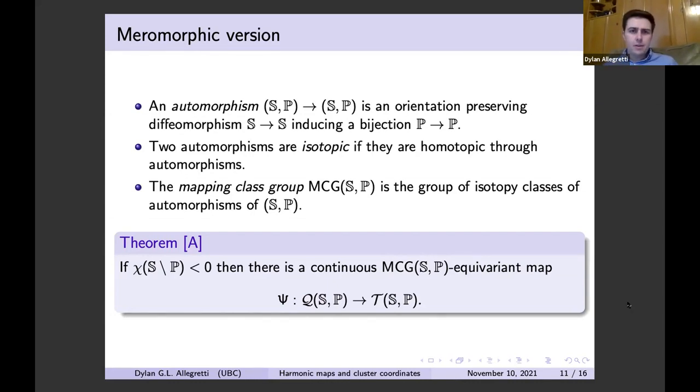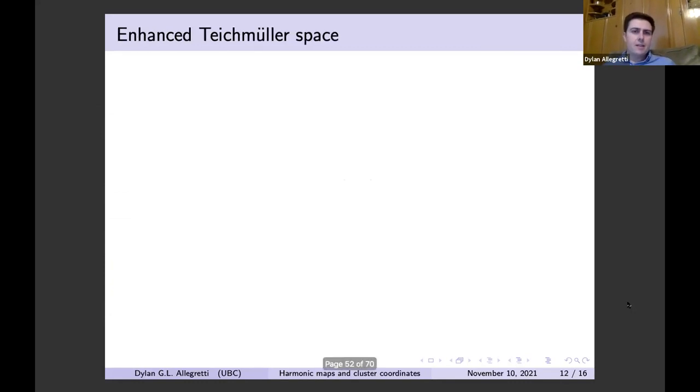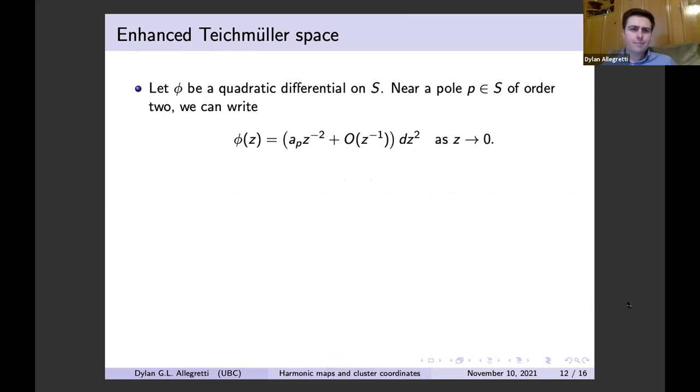And in fact, there is some further generalization that we can have here. So this brings me to the enhanced Teichmüller space. But before I get to the definition of that, I'm going to recall some ideas related to quadratic differentials.